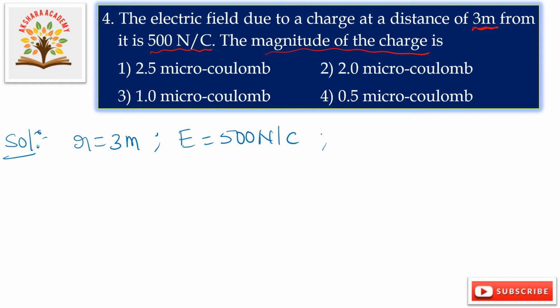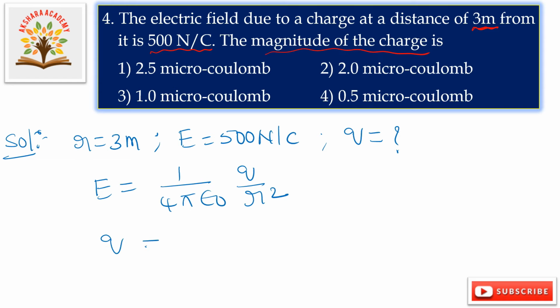We have to calculate the charge. Electric field E is equal to 1 by 4 pi epsilon naught Q by R square. From this, Q is equal to E of 1 by 4 pi epsilon naught into R square.